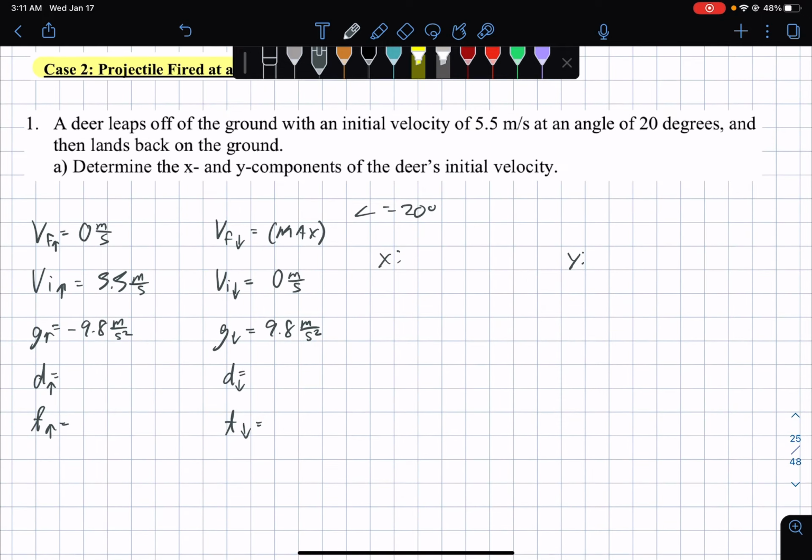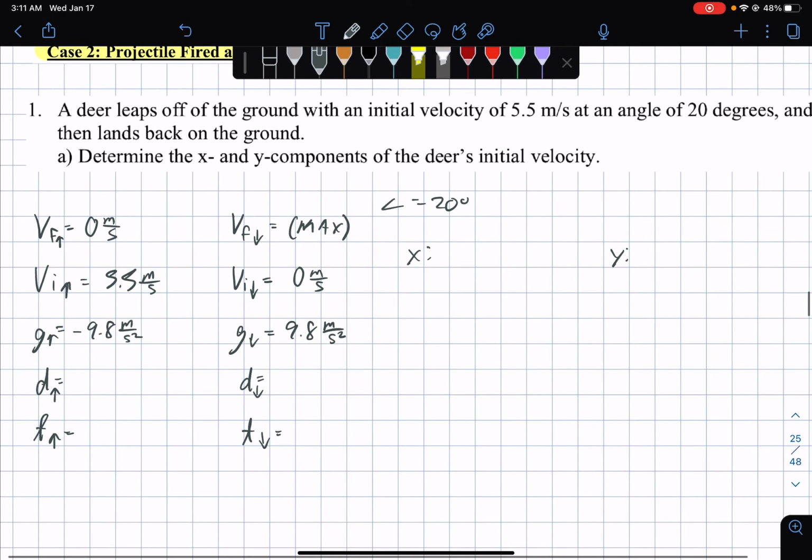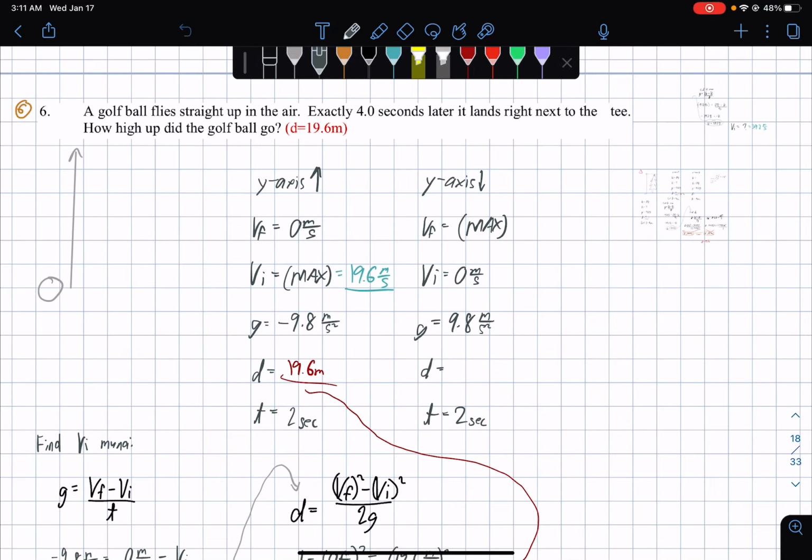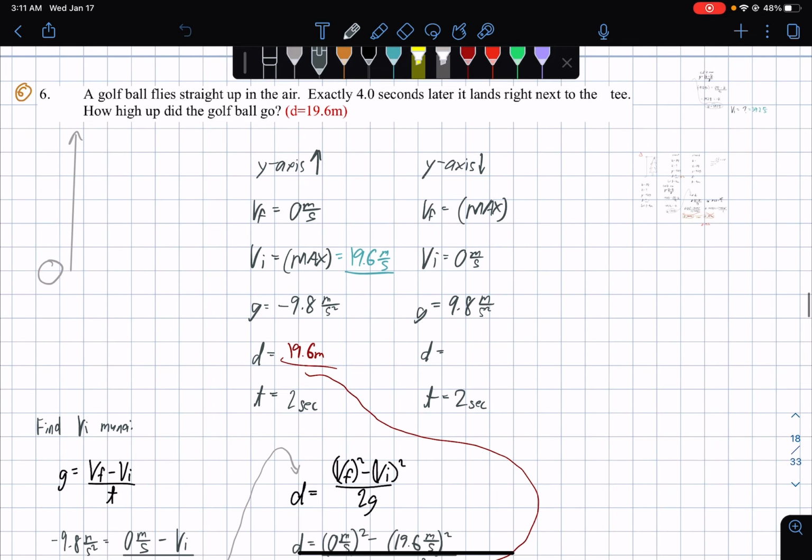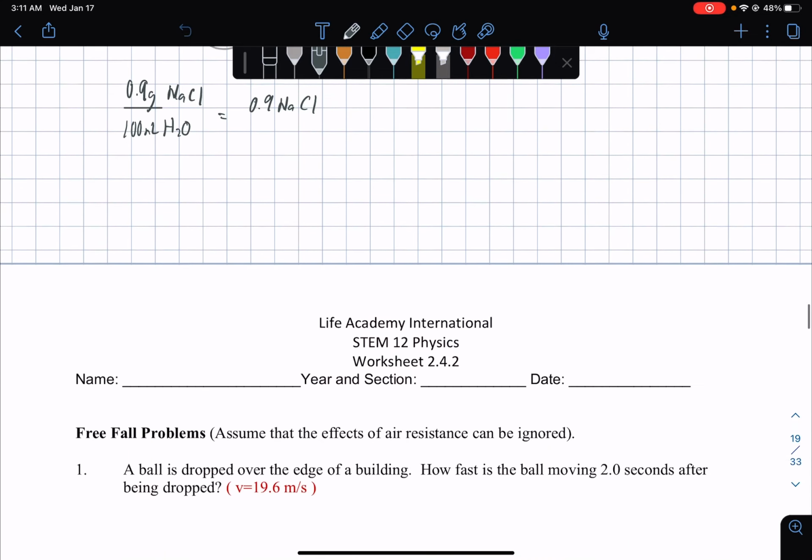Anyways, what is the angle of 20 degrees? How do we write that? Oh, sorry.